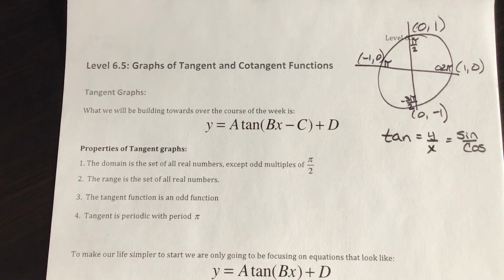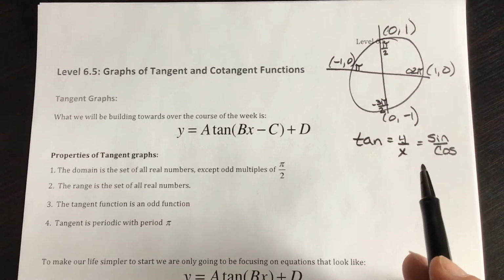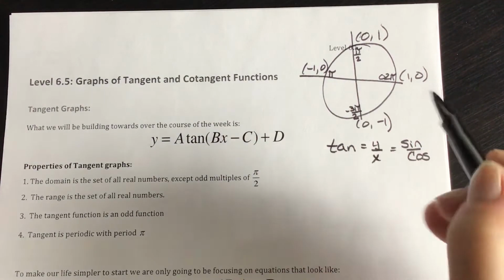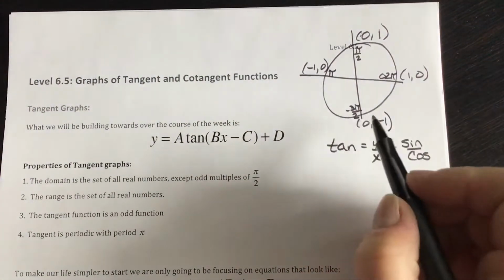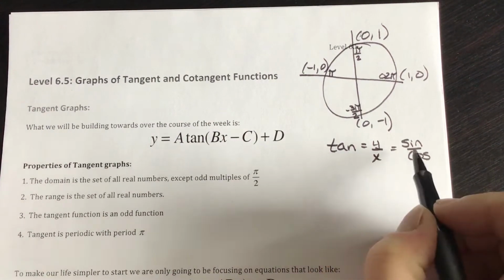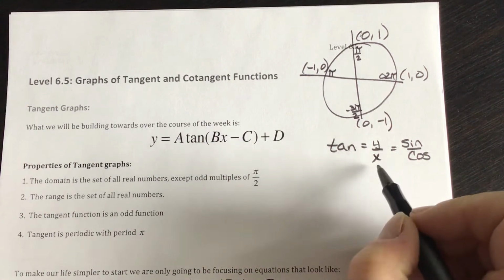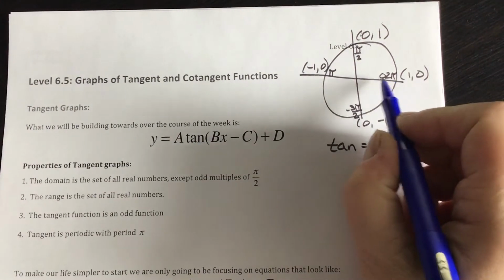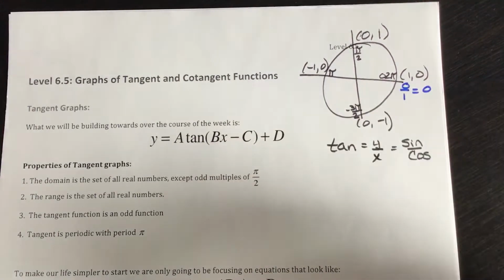So I drew a unit circle that I'm going to reference here in a minute. It's a little crooked, but I put some basic points on here at all the axes. If I look at tangent, which is sine over cosine, or the y coordinate over the x coordinate, the tangent at 2 pi or at 0 would be 0 over 1, which is 0.